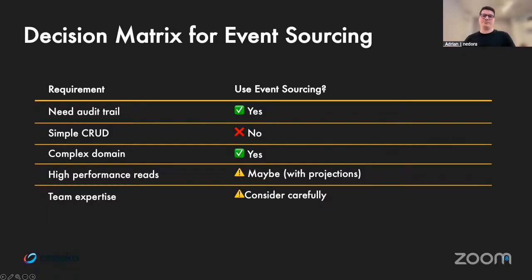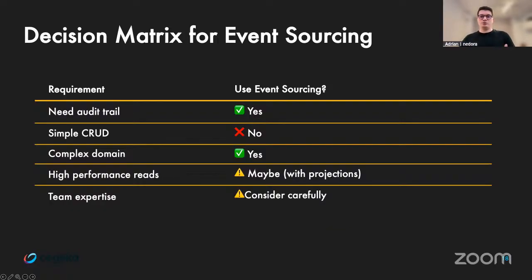So to make a more concrete decision, we can maybe use this decision matrix. Think of it as a table that maps requirements like strong audit trails, complex business rules, simple CRUD, or temporal queries to a recommendation: use event sourcing, don't use it, or it depends.